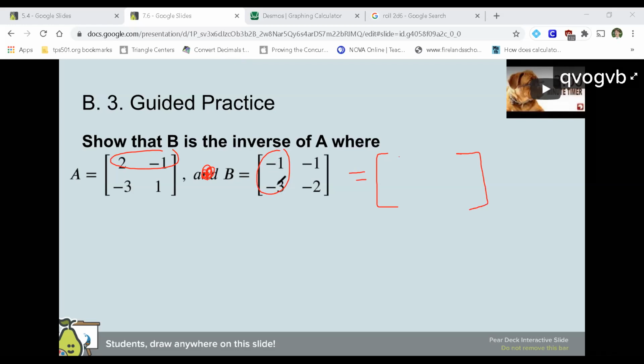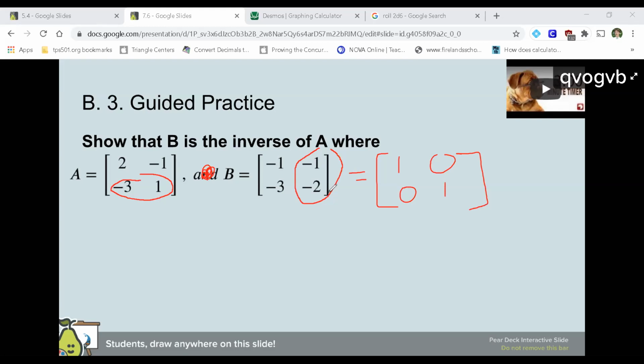That's 1. Then -2 plus 2, 0. Second row, first column. Positive 3, -3. So that's 0. And then positive 3, negative 2. So that's 1. So it does turn out that they're inverses.